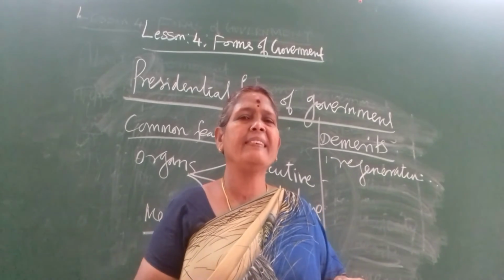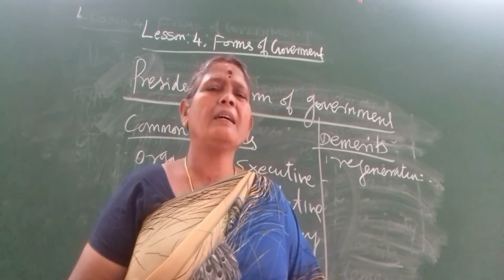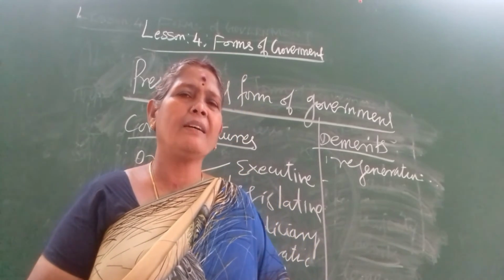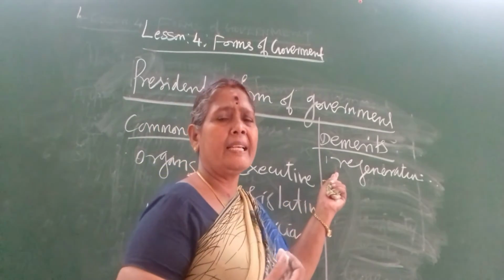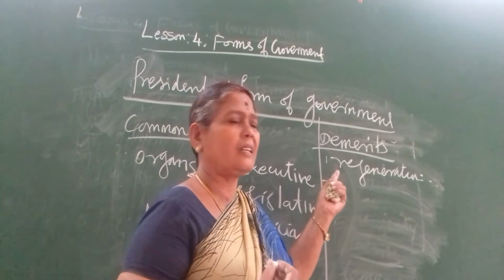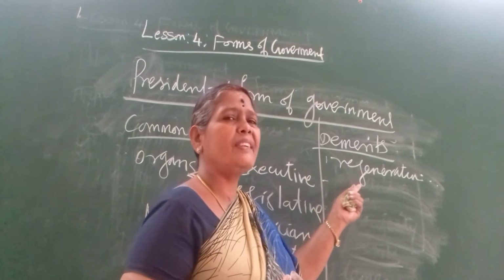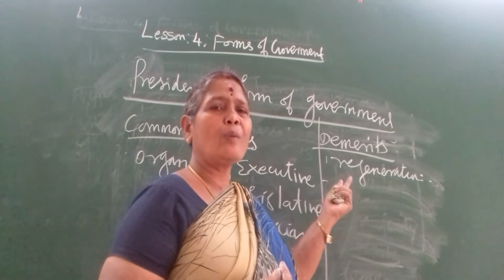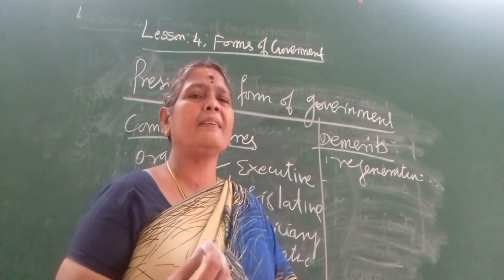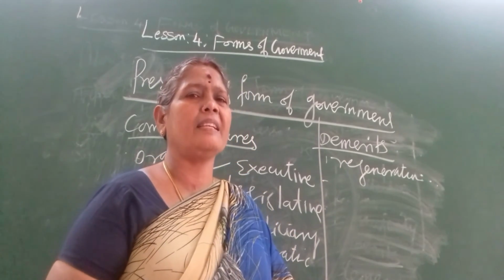So there is a strained relationship. Mostly there is no possibility of a harmonious relationship. Mainly the president has the control. So these are the demerits: degeneration into dictatorship, and no smooth relationship between executive and legislature.